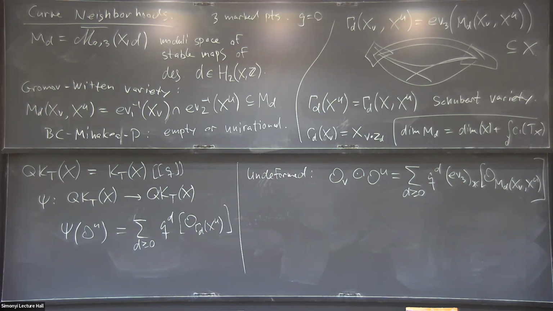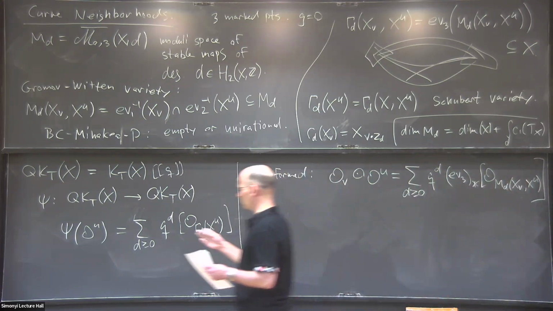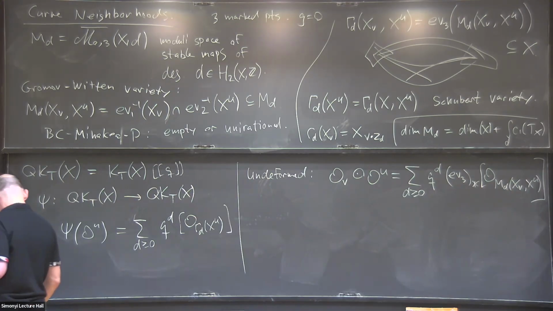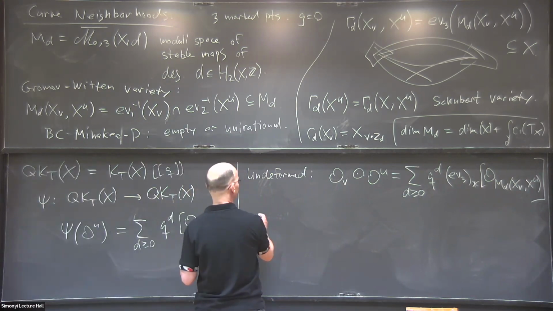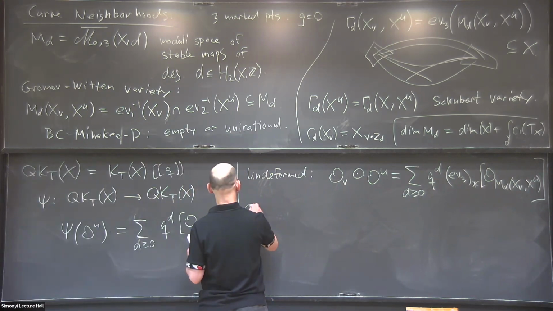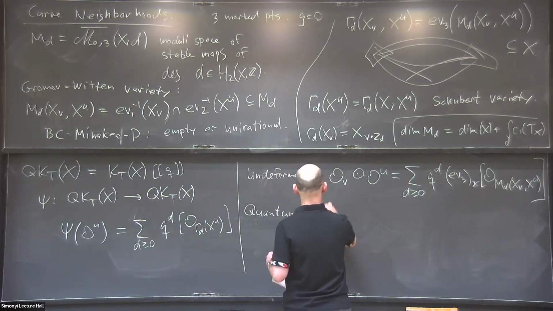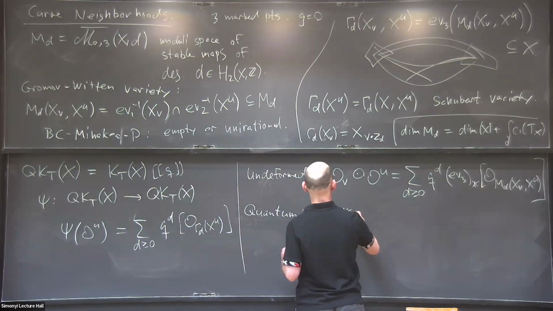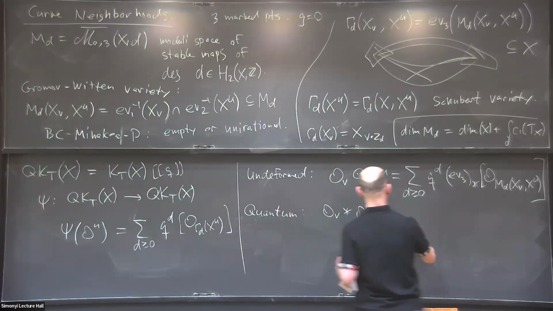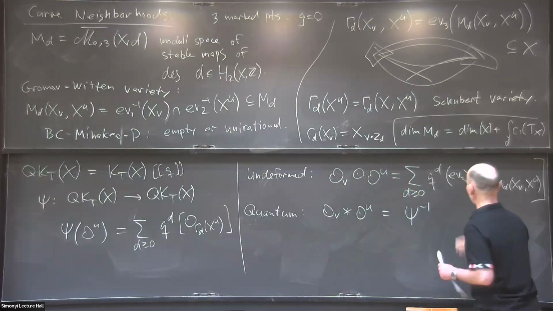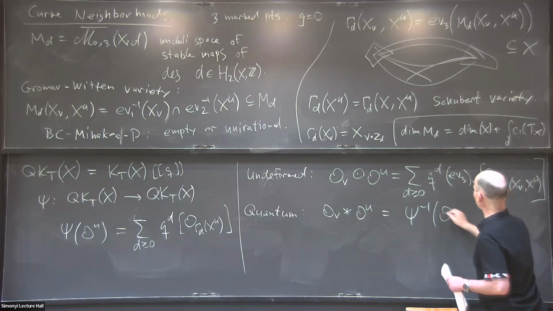But then Givental found the right deformation. So what I'm writing here is not exactly Givental's definition, but it's easy to see that it is equivalent. Meaning the quantum product of O_v with O^u is simply Psi inverse of the undeformed product.